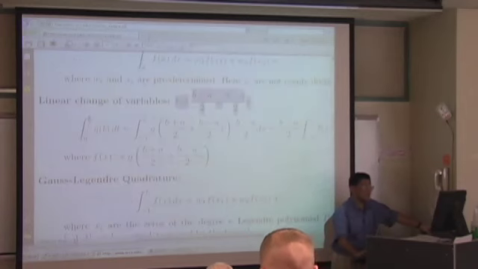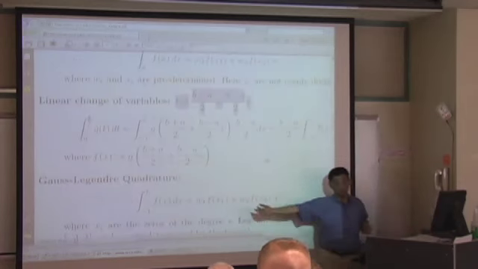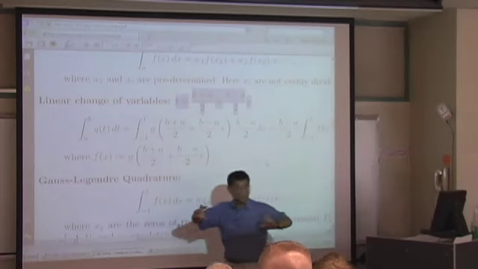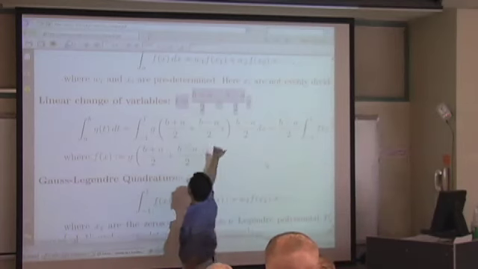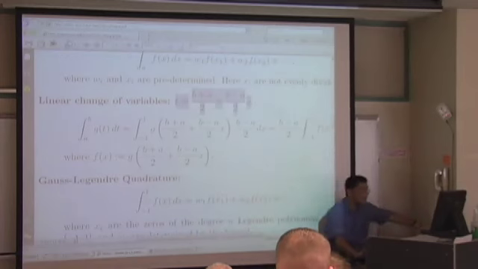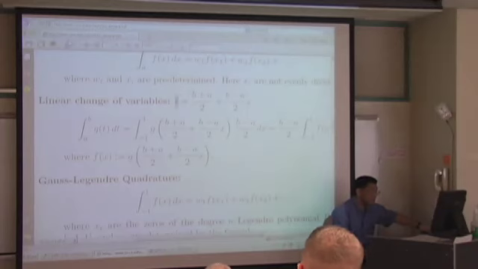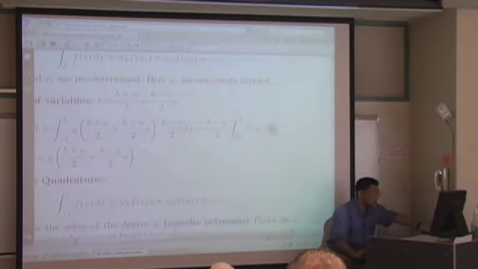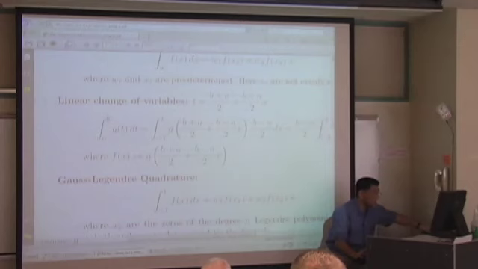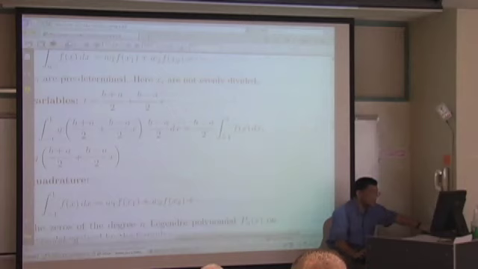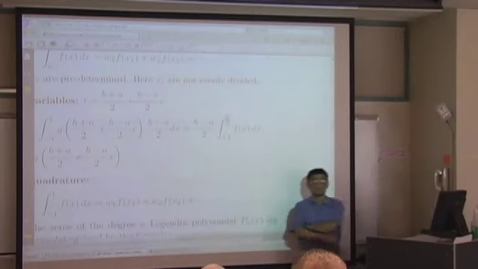rescaling, right? Simple rescaling. By doing simple rescaling, from -1 to 1 becomes from A to B. So x varies from -1 to 1, then t varies from A to B. In other words, initially the problem is given in A to B form, but you can convert the problem into a -1 to 1 problem.